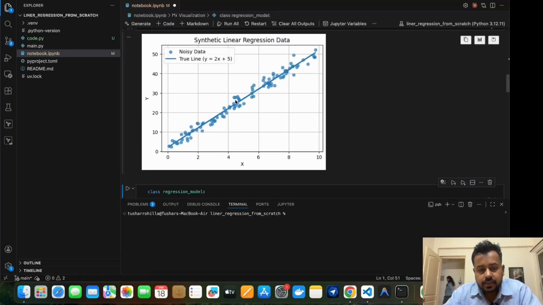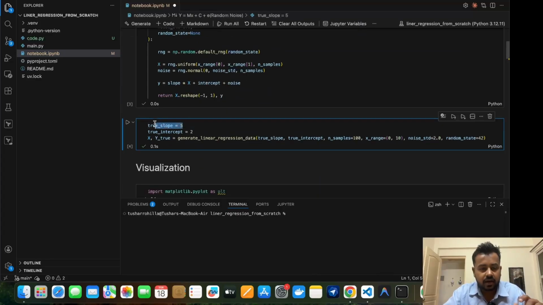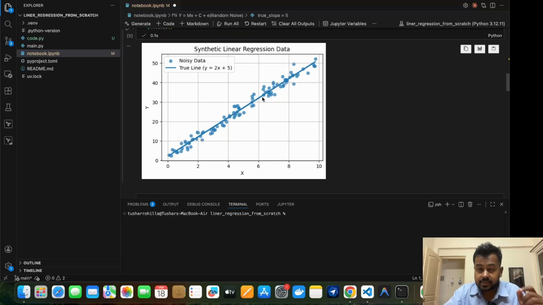So you see this line is the line along which the noise is added. The true slope is 2, and the true intercept is 5. This line represents that, and we are adding noise onto this line to simulate the regression data set.